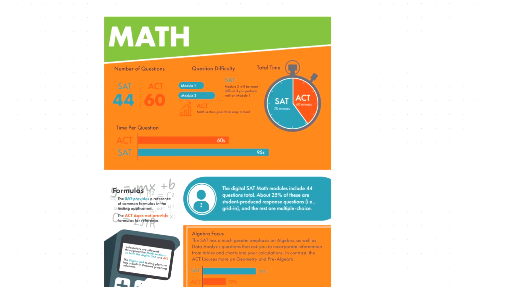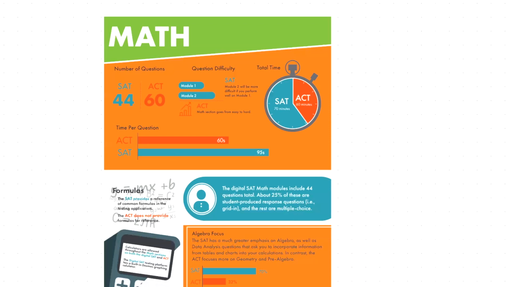The questions are easy to answer in the mathematics portion. SAT module 2 will be more difficult if you perform well on module 1. So it's a dynamic test. If you do a really good job on module 1, then your module 2 questions will be a little bit harder than the other questions.